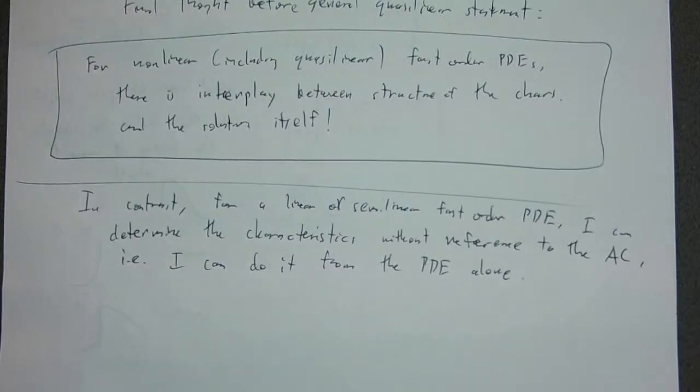It very much mattered whether or not we picked a g that increased or didn't. So the actual specific g that we picked allowed us to either find a solution, or told us that we wouldn't be able to write out a solution, right? So it's definitely different than the linear or semilinear case.